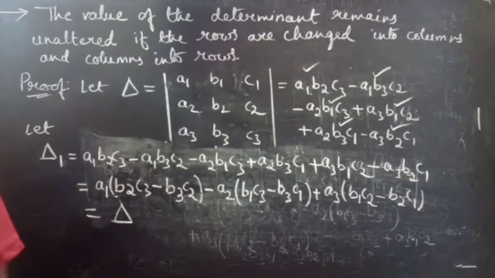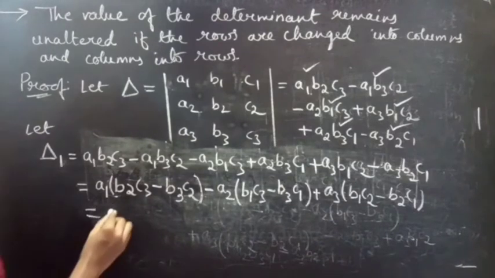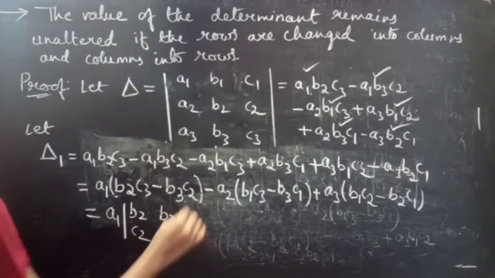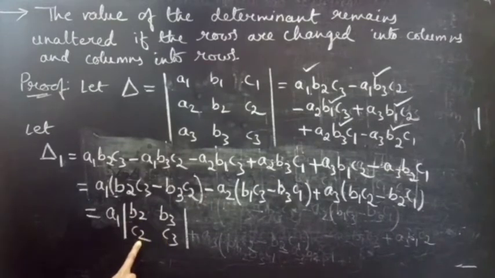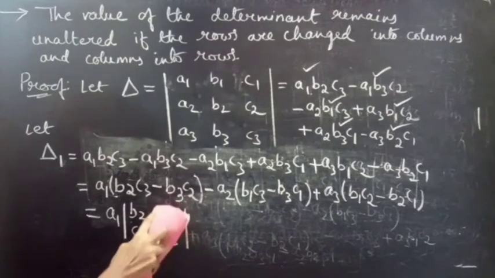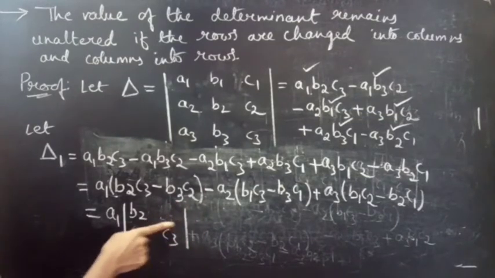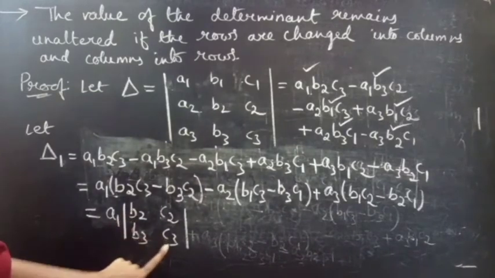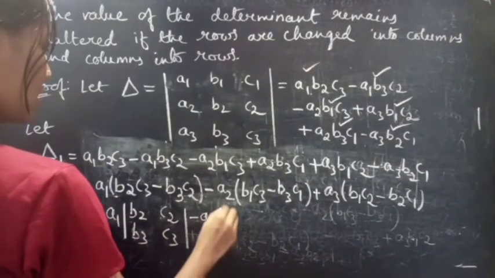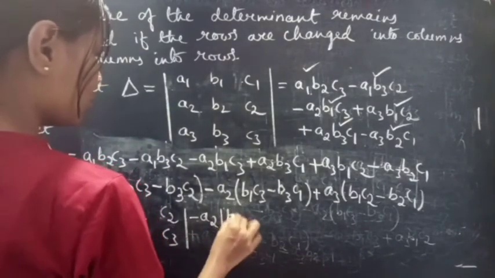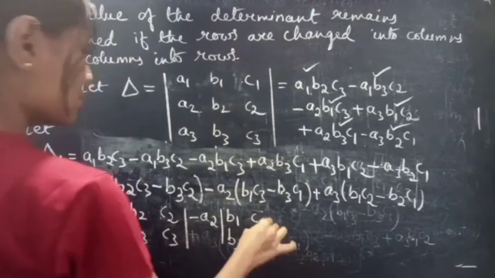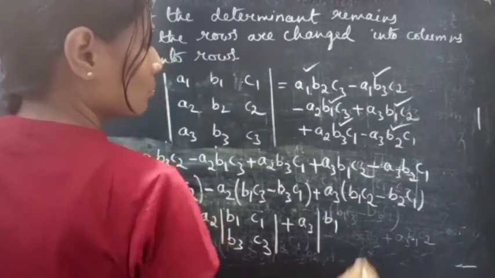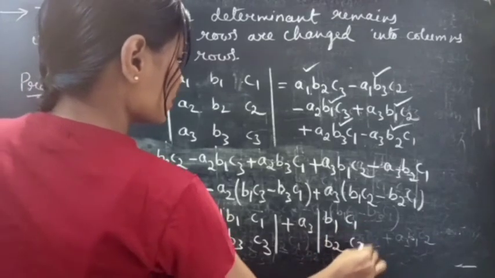Or you can write it as A1 into the determinant of B2, B3, C2, C3, minus A2 into the determinant of B1, B3, C1, C3, plus A3 into the determinant of B1, B2, C1, C2.